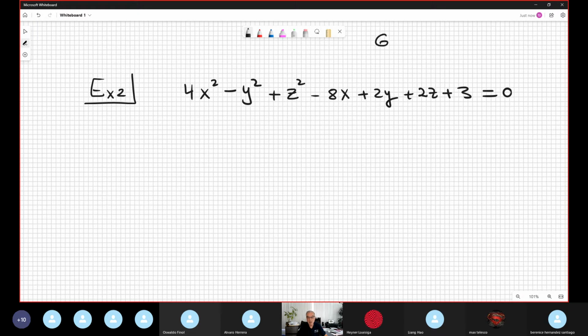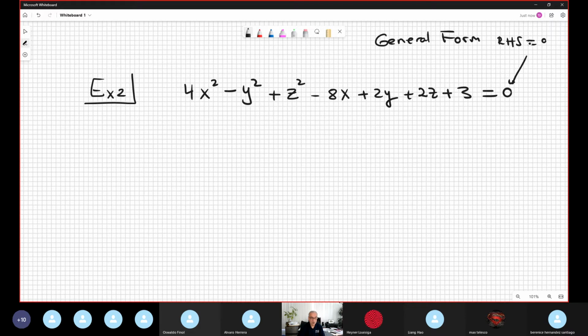This is the general form. In general form, it doesn't matter what quadric it is, the right-hand side is always 0. After, when you put it in standard form, you understand.